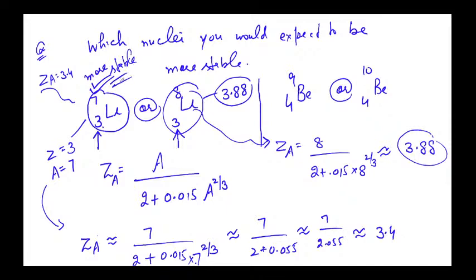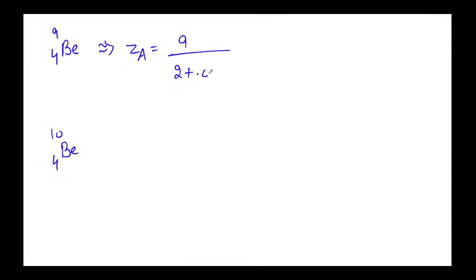So 3 lithium 7 is more stable as compared to 3 lithium 8. Similarly you can solve for beryllium: 4 beryllium 9 and 4 beryllium 10. Here ZA is equal to 9 over 2 plus 0.015 times 9 to the power 2 by 3, so that comes out to be 9 over 2.065, that is 4.36.